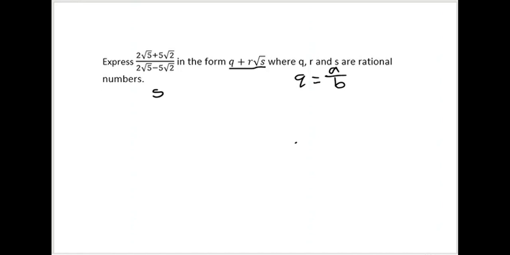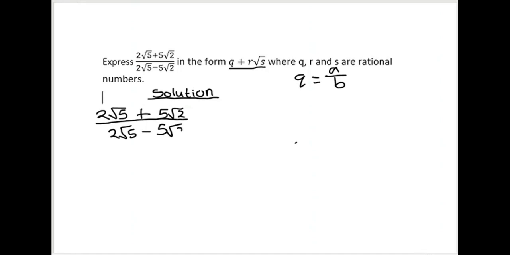Solution. First thing we do is write down the question. That's the surd we have been given. And then we rationalize this surd. How do we rationalize it? We are going to multiply this surd by the conjugate of the denominator.